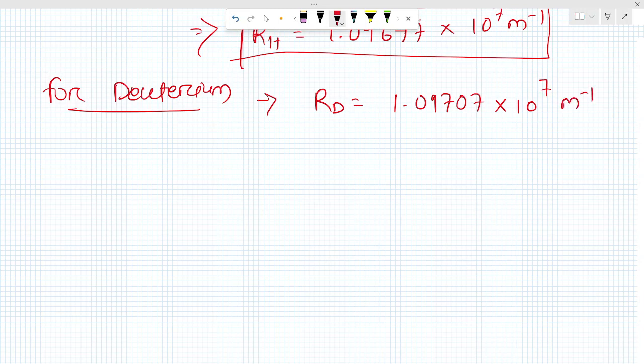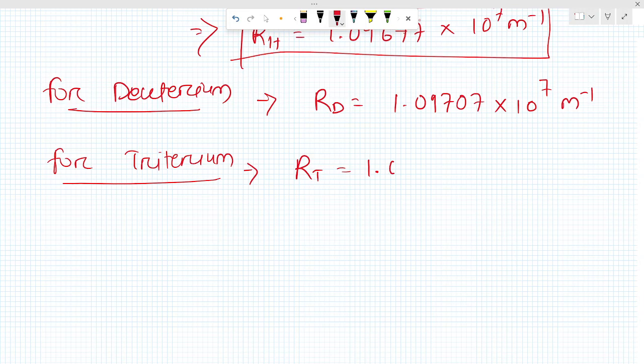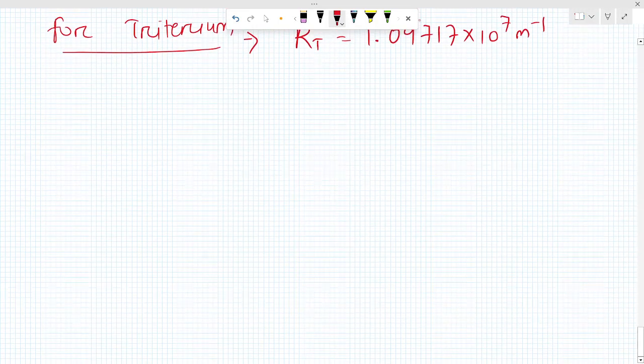The order is the same; 10 to the power 7 is always the same. And for tritium, I have R_T as 1.09717 into 10 to the power 7 meter inverse. You just have to memorize it.